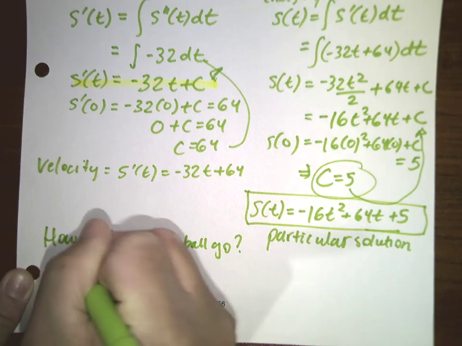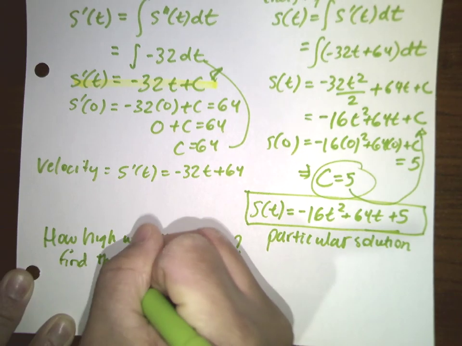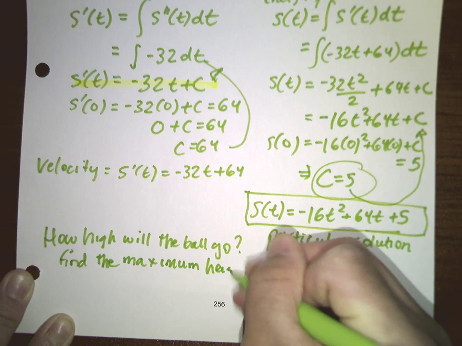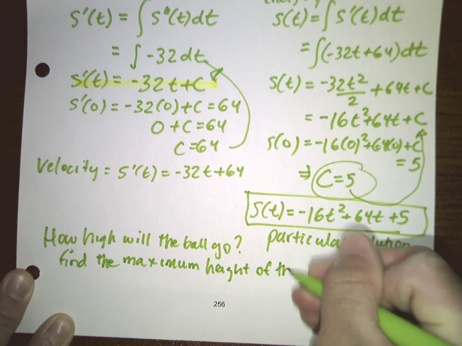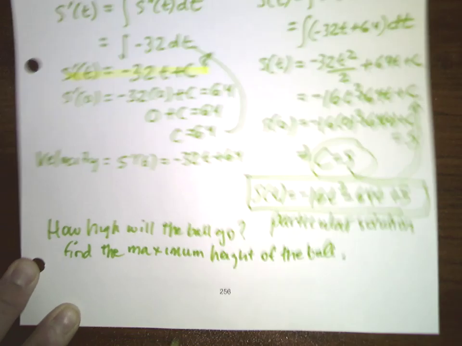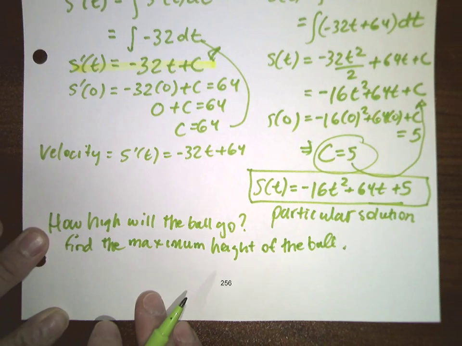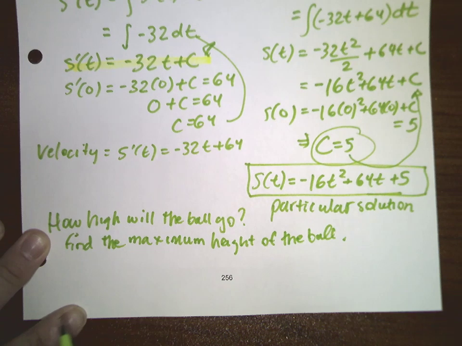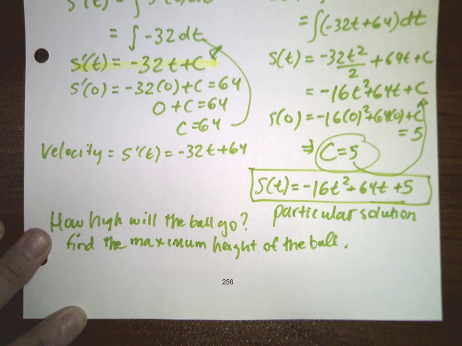That means to find the maximum height of the ball, and to do that I need to set the first derivative equal to 0.